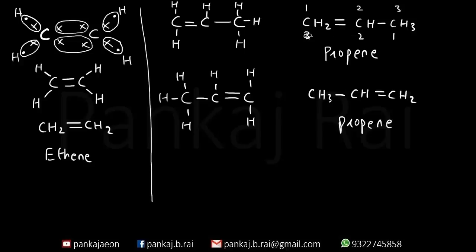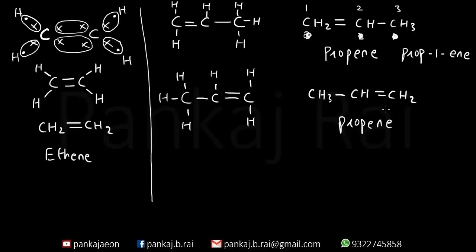So this numbering would be wrong. So there is only one way to number this. This is 1, 2, 3. Now here the double bond starts from 1. So this can also be written as prop dash 1, stating the position of double bond, dash ene. So it is also called prop-1-ene or propene.